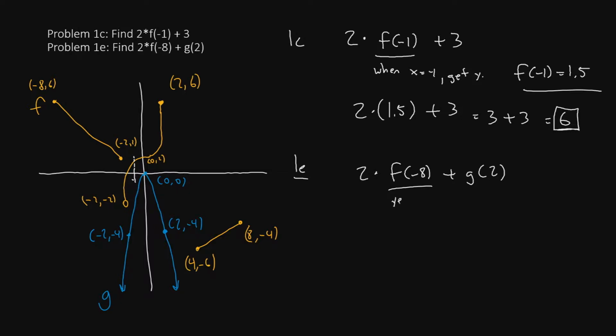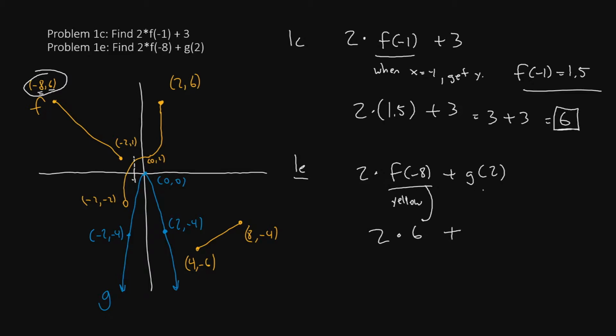Now this is going to be the yellow line. Let's go to -8. That's going to be here. Here's where the -8 is, and we're going to return the 6 as our answer. We will replace the f(-8) with a 6.